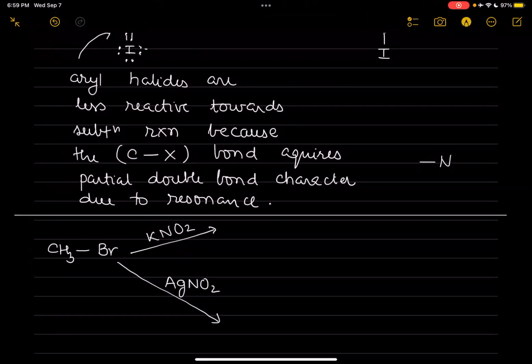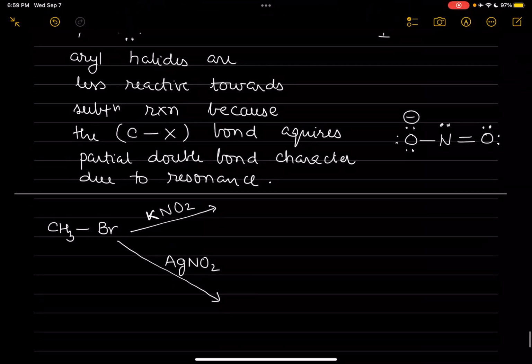It is like this. So there is O minus, and there is K plus. Potassium is always plus, an alkali metal. So normally, what do you expect? Yeah, Iman?